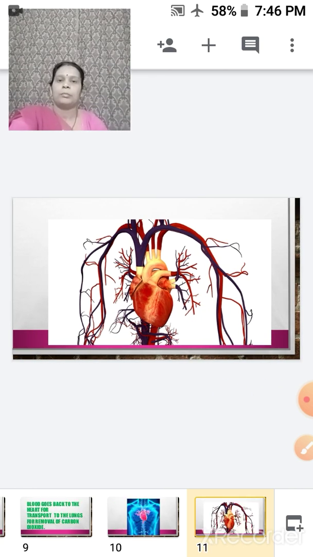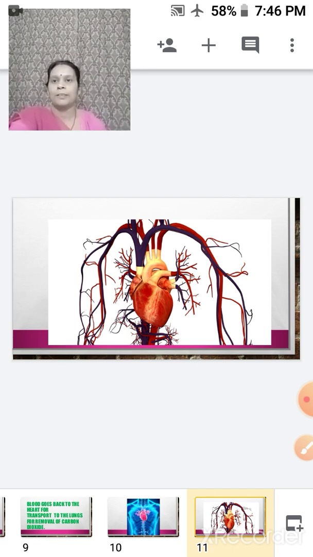and now when it works as a pump, there should be something to transport this blood. So it is these tube-like vessels which help in the transportation.